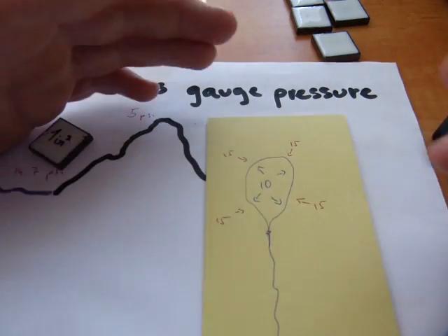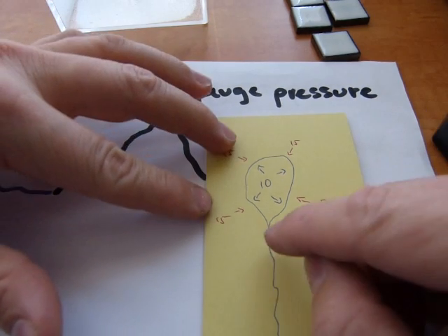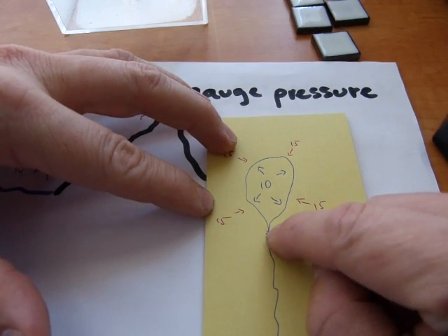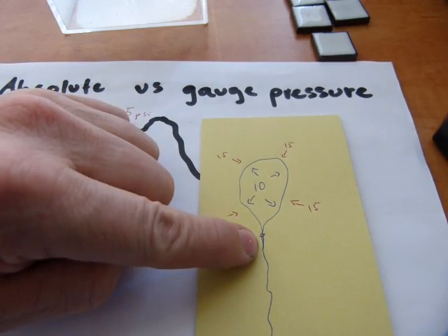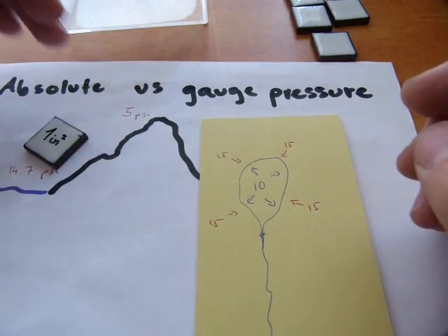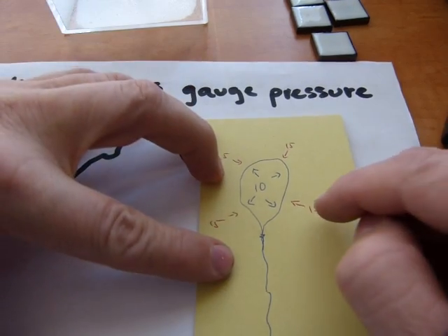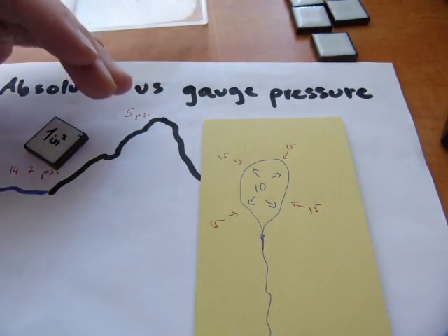Inside the balloon, let's say we filled it with 10 psi. So, if you put a pressure gauge here to the opening of the balloon, most pressure gauges would measure the differential pressure between outside and inside and would show you 5 psi.